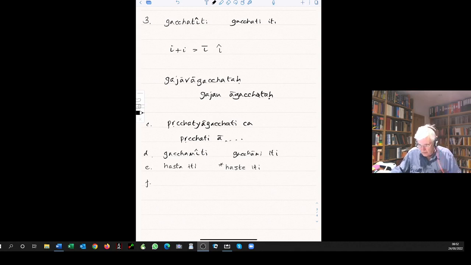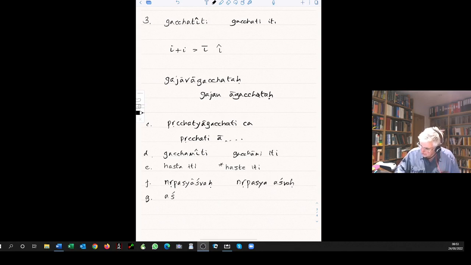F. Nṛpasyāśvaḥ, the king's horse. Nṛpasyāśvaḥ, which is the sandhi resolved, nṛpasya aśvaḥ. G. Aśvetra, on the horse here.